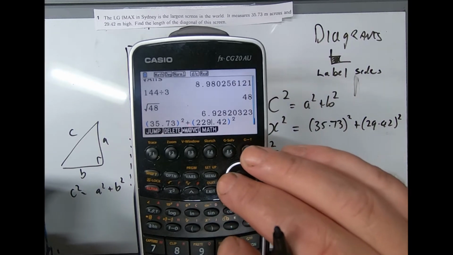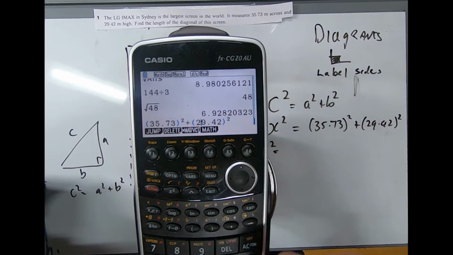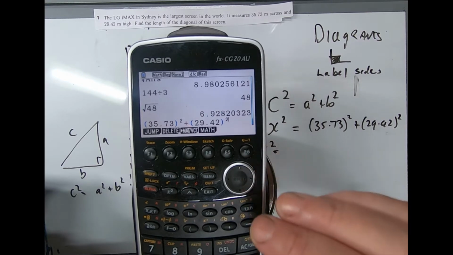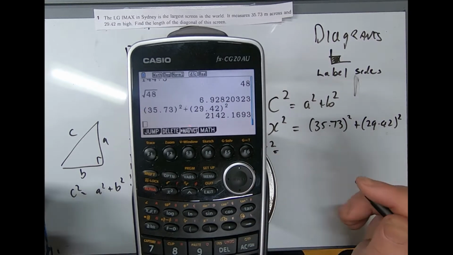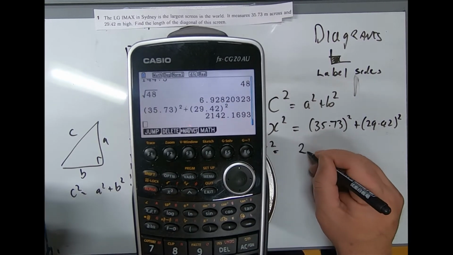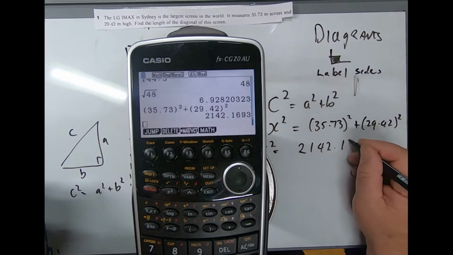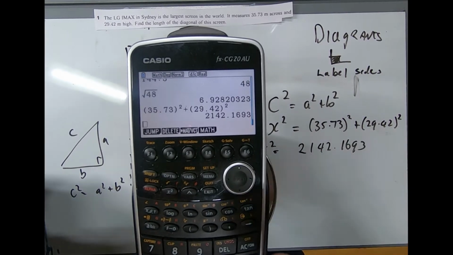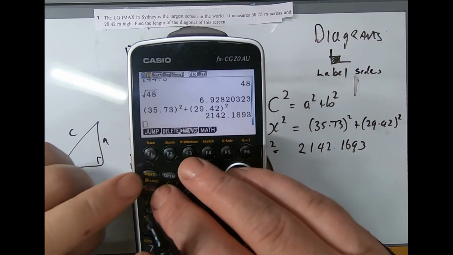Deep sigh. Right, got myself a number here. So x squared equals 2142.1693, and x, of course, equals the square root of that.